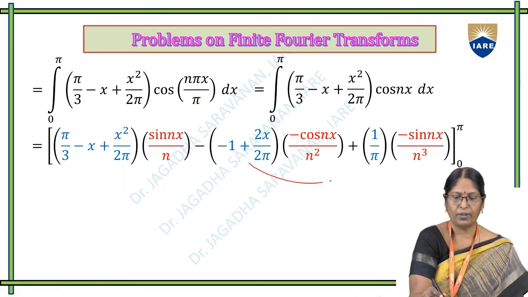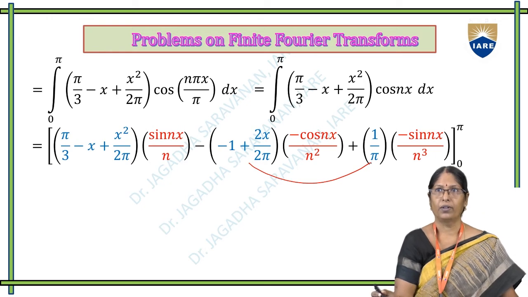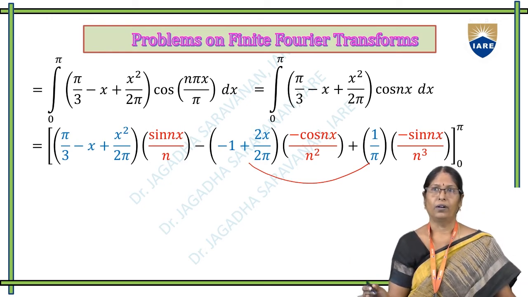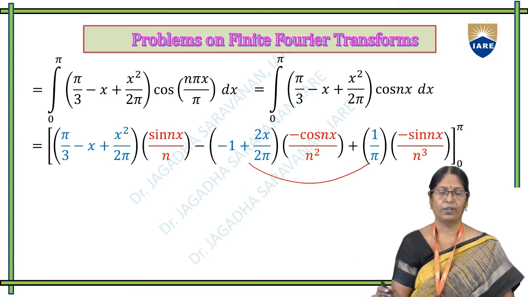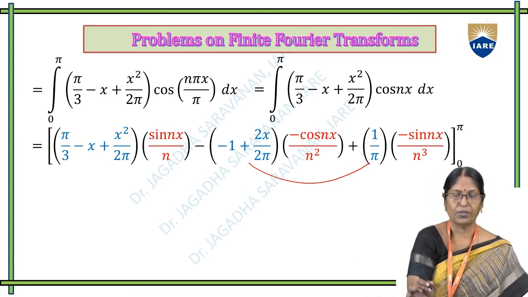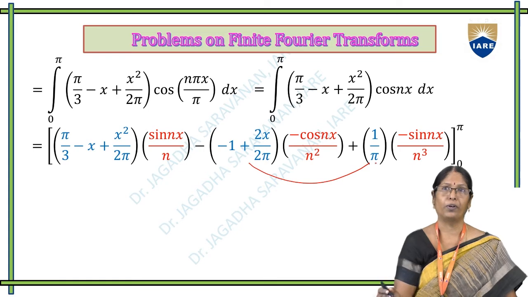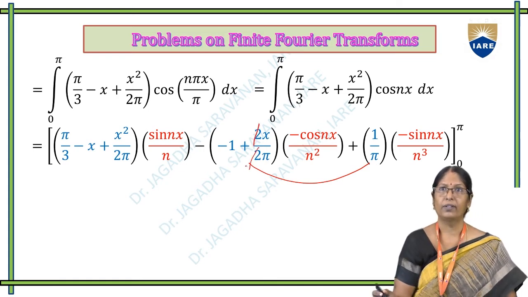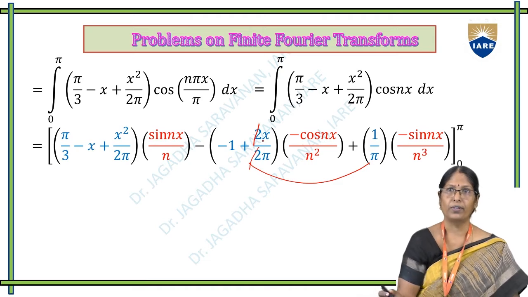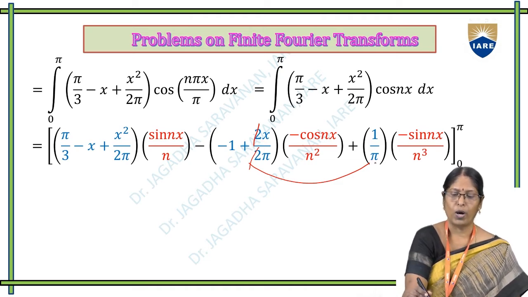The second one, it continues till the value becomes 0, till then we have to do it. Now minus 1 differentiation is 0. So that's what we didn't mention here. The 2 gets cancelled. X differentiation is 1. So 1 by pi.